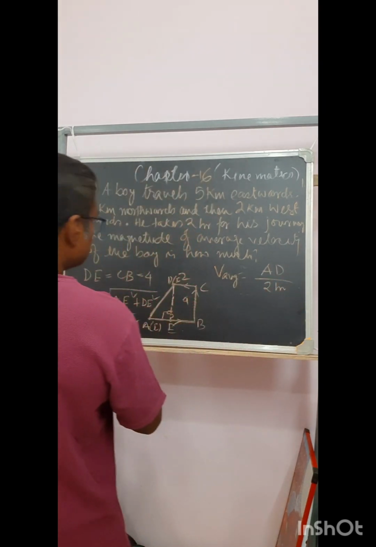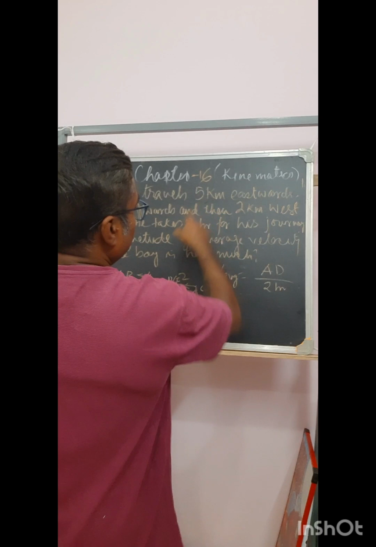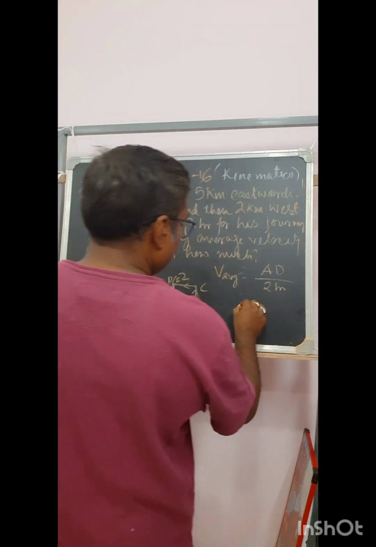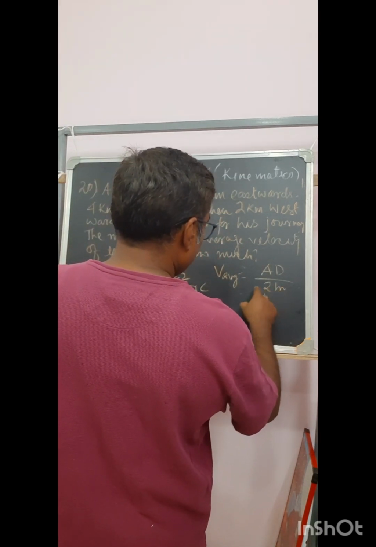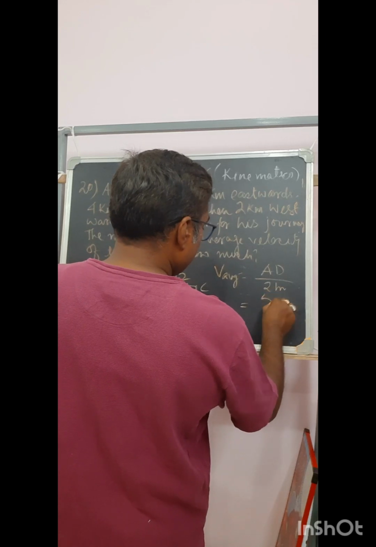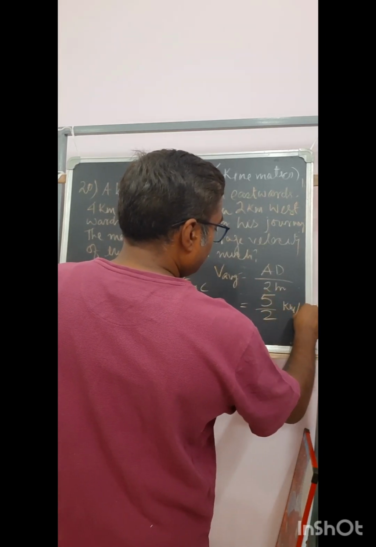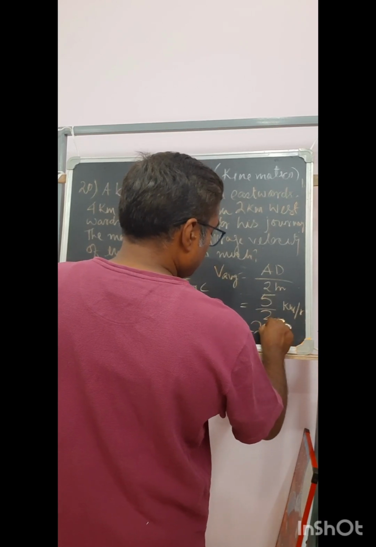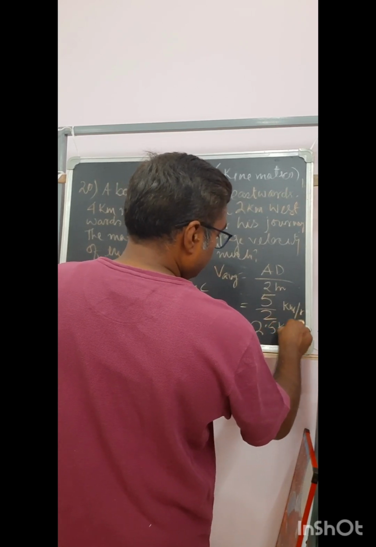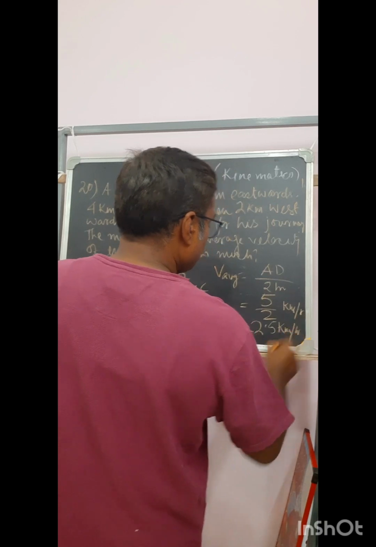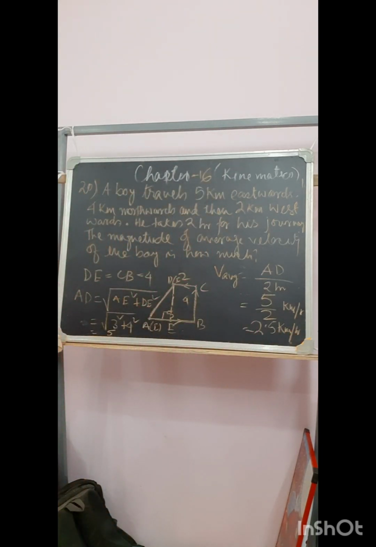Now this is in kilometers and this is in hours. So velocity is 5 by 2 kilometer per hour, that is equal to 2.5 kilometer per hour, which will be the average velocity.